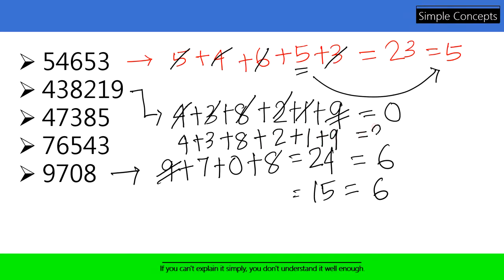See, you got a multiple of 9, so 27 you got. 7 plus 2 is equal to 9. So in the first lecture itself we have already taken a rule that if you get a digit sum as 9, you consider the digit sum as 0. So actually the digit sum is 0.